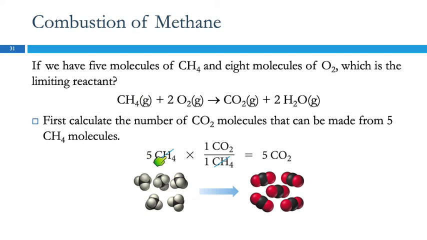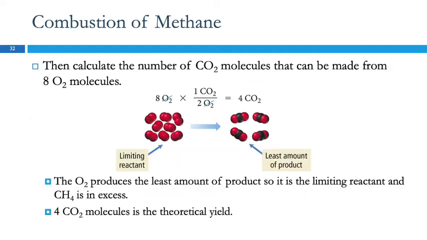Well, 5 methane molecules, 1 methane for every 1 CO2, I could make 5 CO2 molecules. And it also says I have 8 molecules of oxygen. So 8 molecules of oxygen, I get 1 CO2 for every 2 molecules of oxygen. So that would be 4.